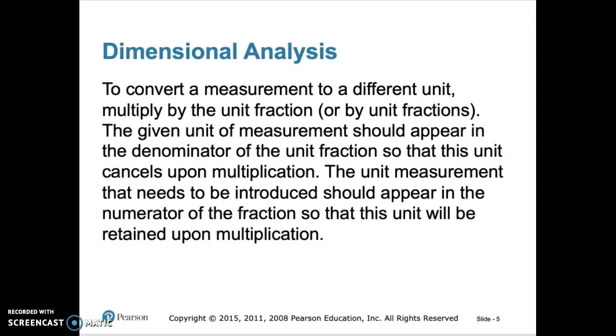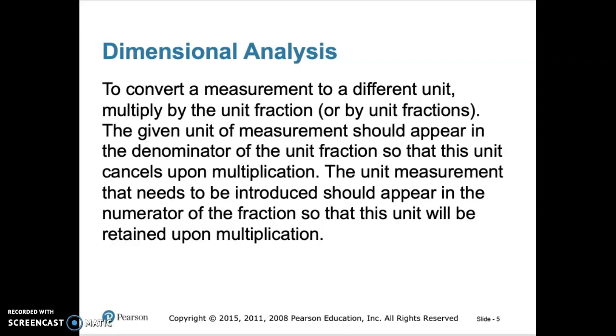I'm going to be multiplying by the fraction that I need to convert the unit from, let's say, inches into feet, or inches into yards, or whatever the case may be. So it says convert the measurement to a different unit, multiply by the unit fraction or unit fractions. That's if I'm going from miles per hour into feet per second. I would have to use 2 different units there.